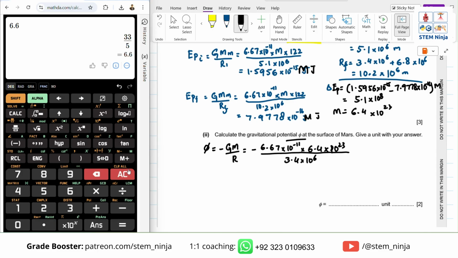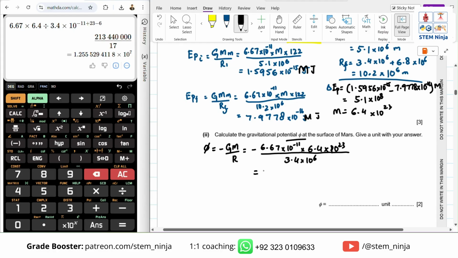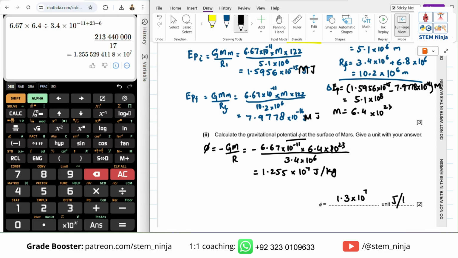So 6.67 times 6.4 divided by 3.4 times 10^(-11+23-6), we get this value, 1.255 × 10^7 joules per kg. So this would be 1.3 × 10^7 joules per kg.